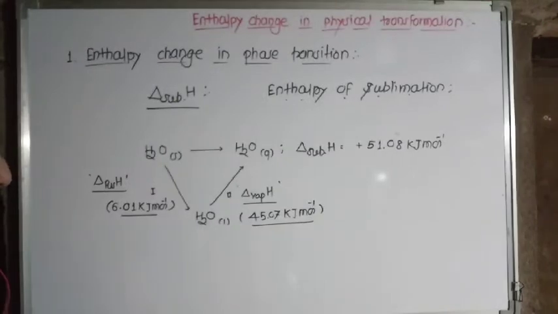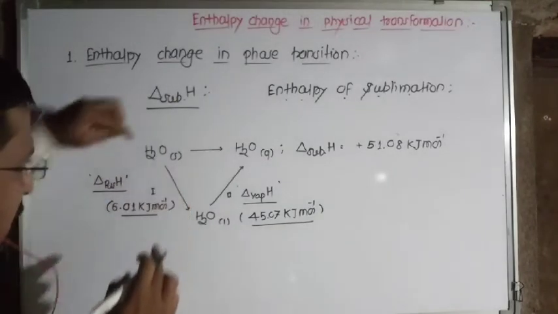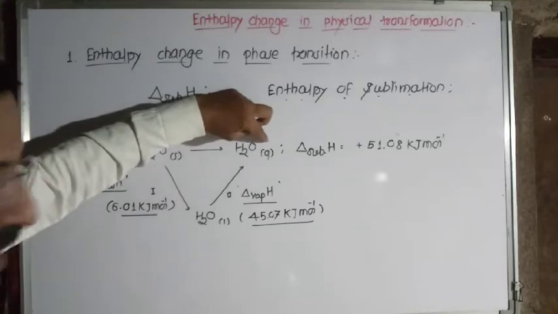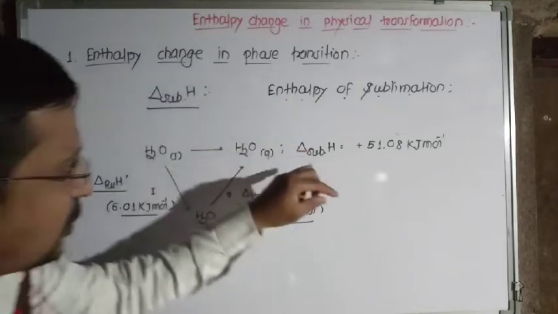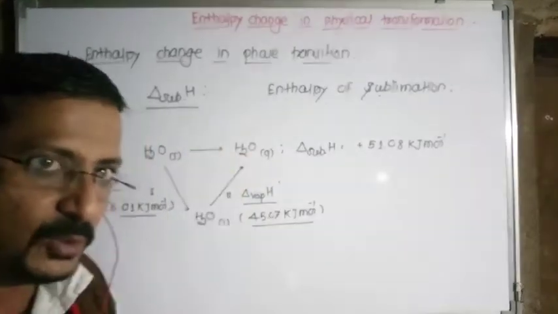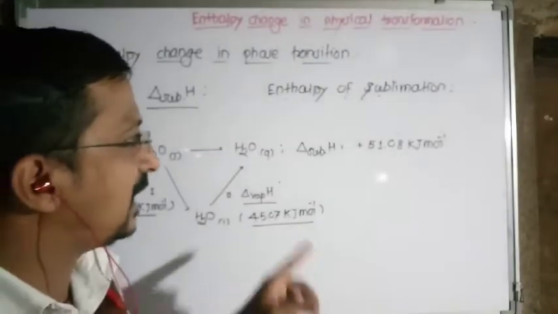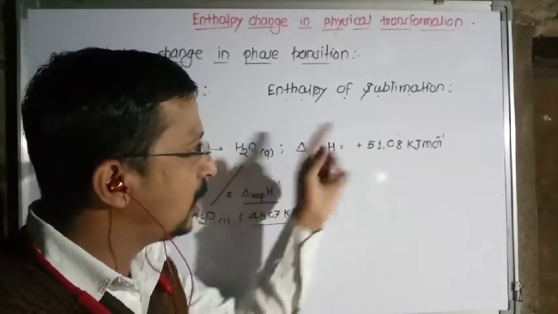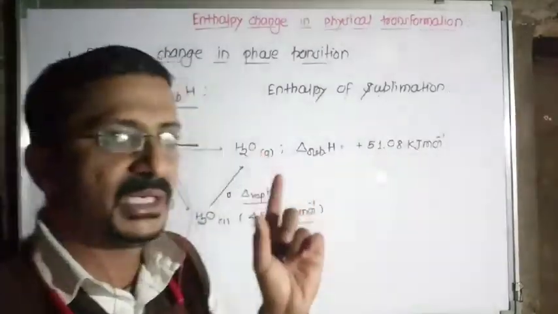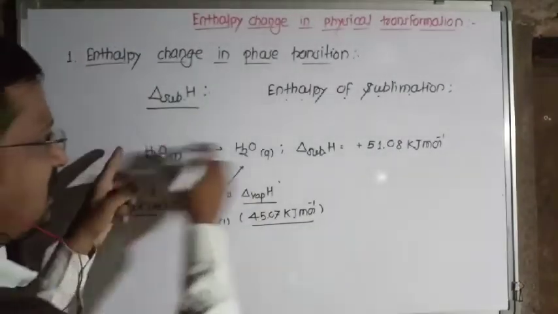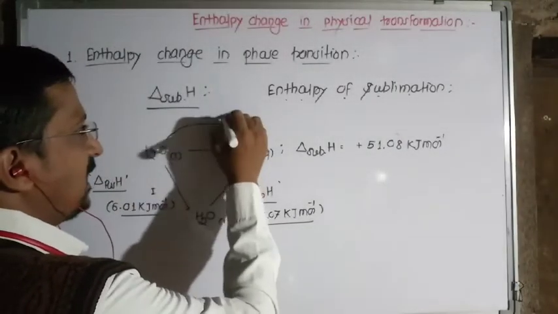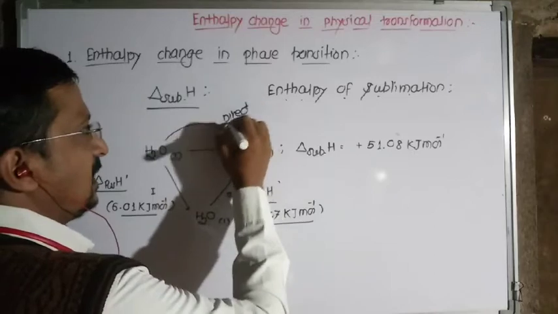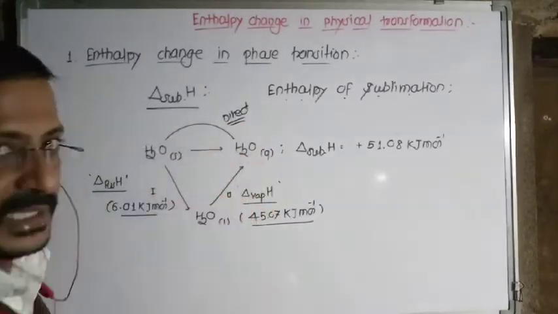Now if H2O solid is converted directly into gas, the process is called sublimation, and during that course the enthalpy change that occurs is called the enthalpy of sublimation, whose value is 51.08 kilojoule per mole. This is the direct conversion from solid to gaseous.